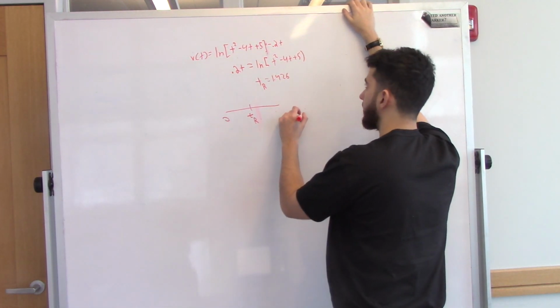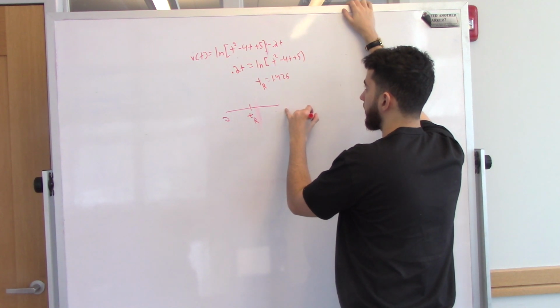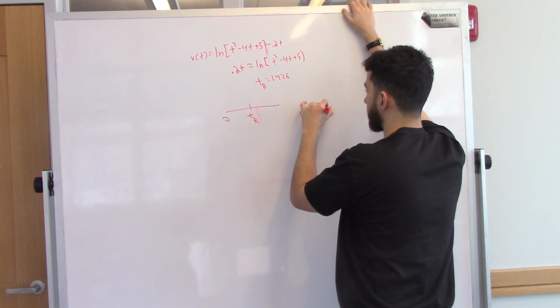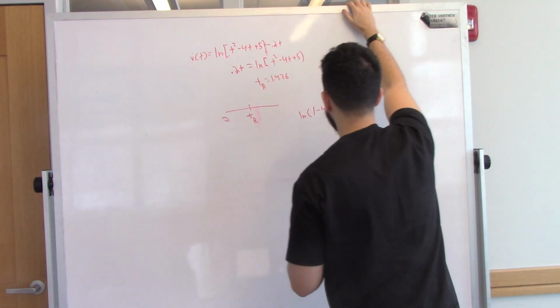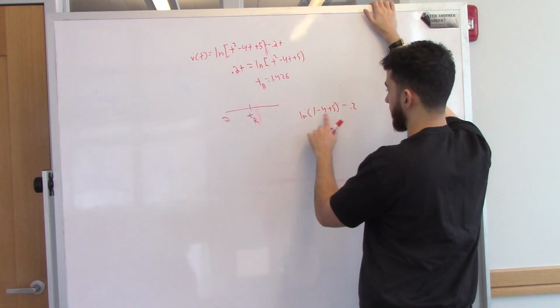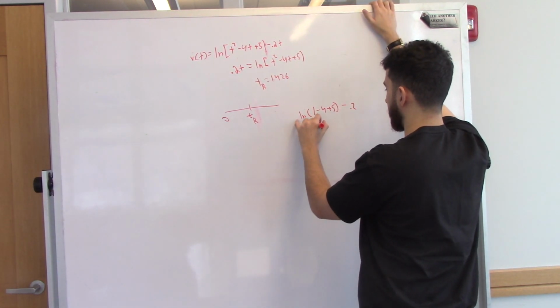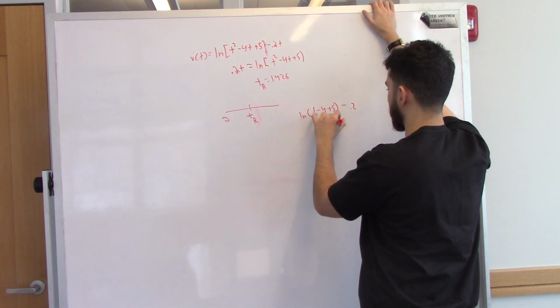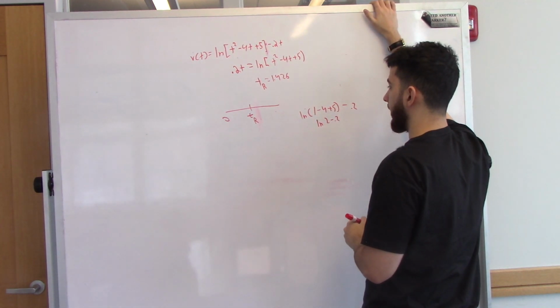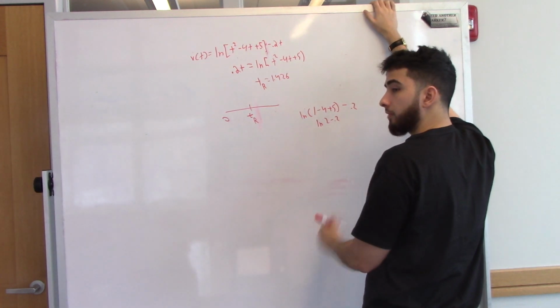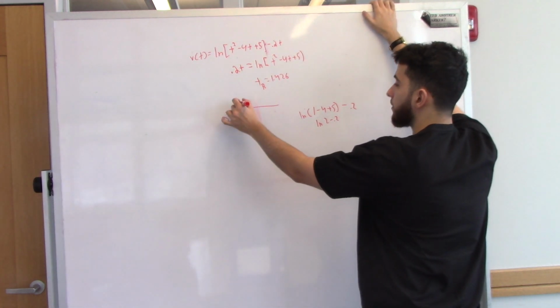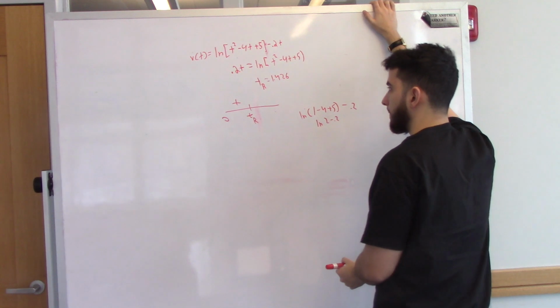So we're going to have ln of 1 minus 4 plus 5 minus 0.2. Okay. 1 minus 4 is negative 3, plus 5 is 2. ln 2 minus 0.2. Now, I know ln of 2 is greater than 0.2, so I know this is going to be positive, but if not, you just put this into the calculator and you still get positive, right?